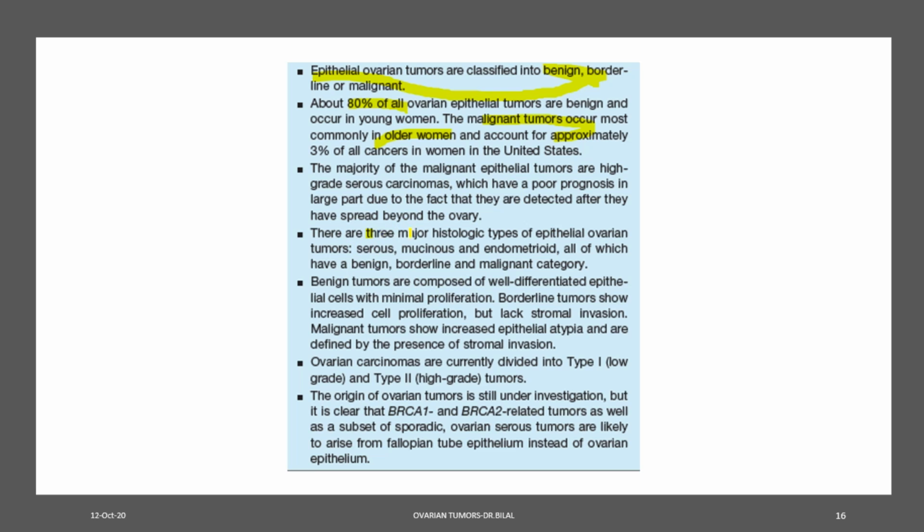Three major histological types: serous, mucinous, and endometrioid. Type 1 and type 2 divisions. Okay, type 1 being the low grade ones and type 2 being the high grade ones, and then the role of BRCA1 and BRCA2 gene mutations. This can sometimes be asked as a STEM, a 0.5 or 1 mark STEM occasionally.